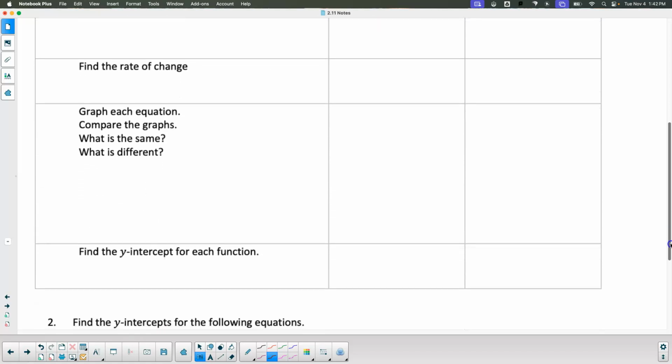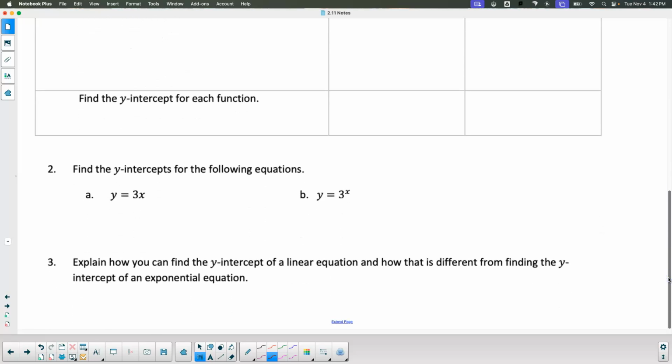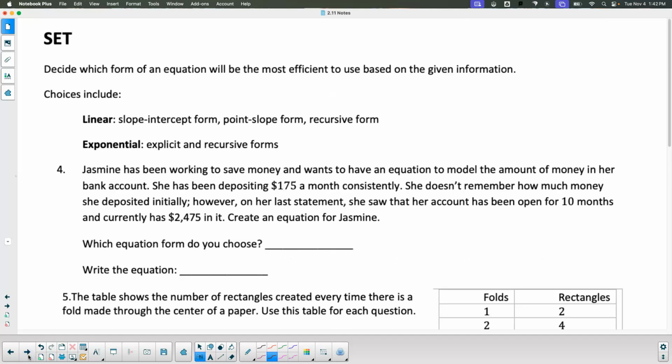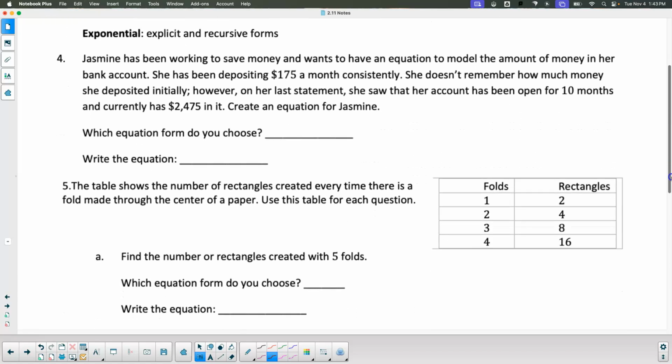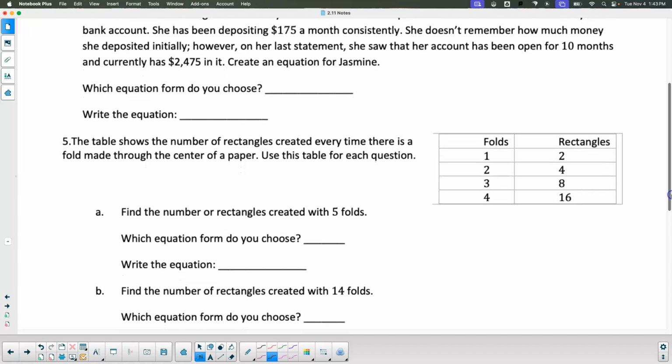Rate of change, just a small little graph, it doesn't have to be very accurate. You'll be able to tell which one, and the y-intercepts for each one. Then finding some y-intercepts. Sets is kind of like what we were doing today. You're writing the equation based off of what you have in the problem. In number 5, I found this a little confusing because it says find the number of rectangles created with 5 folds, but it's asking you for the equation.